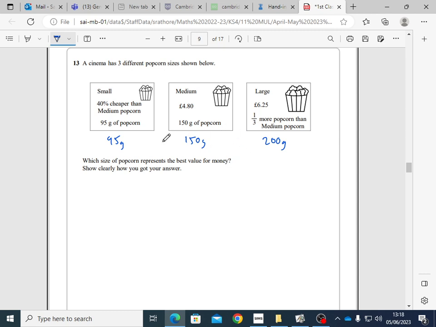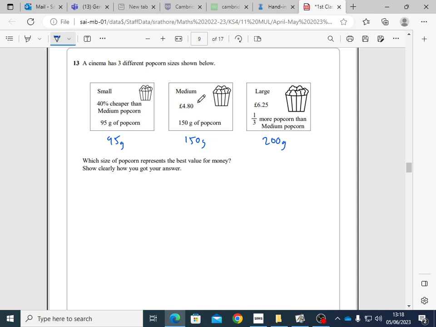So how are we going to do this? I'm going to have to look at this, aren't I? This cup, actually, before we do anything, is 40% cheaper than the medium. So, can somebody do that for me? If that's 40% cheaper, what price are we paying off that? You can do that in one calculation. Anybody tell me?